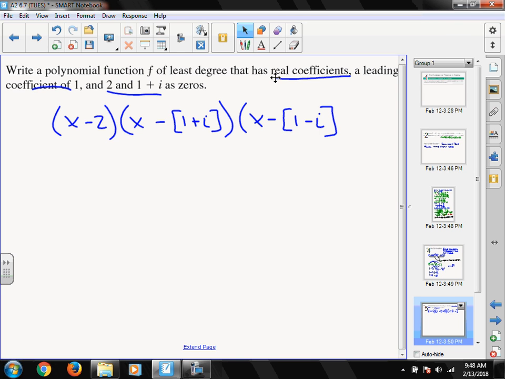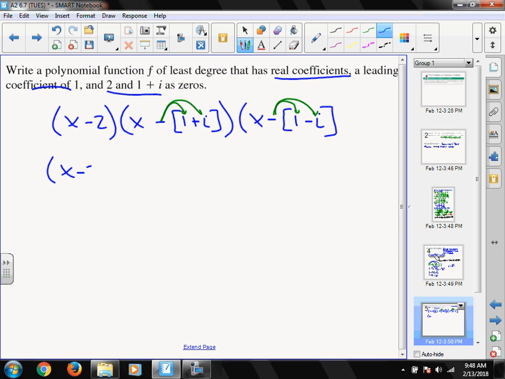Okay? Now, to make this a little easier, I'm going to distribute this negative throughout everything. So my expression is still x minus 2 times x minus 1 minus i, and x minus 1 plus i.